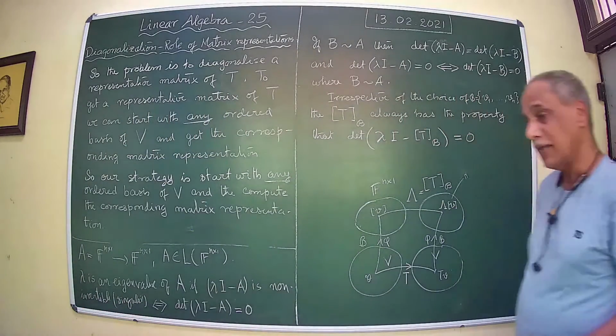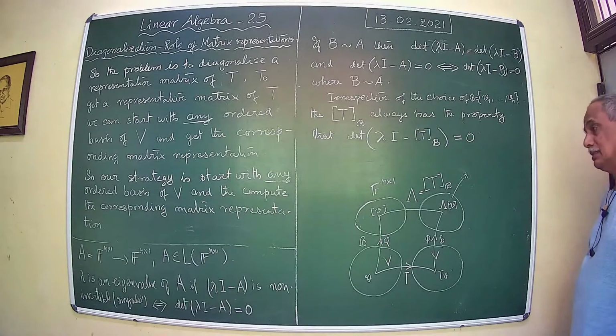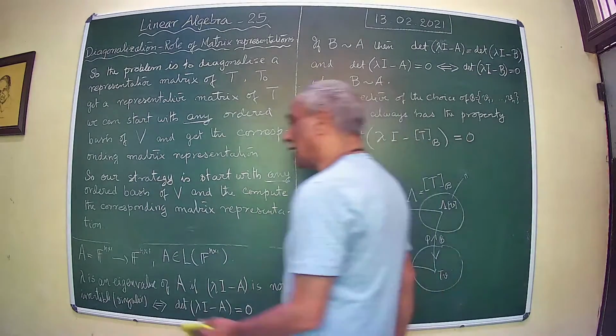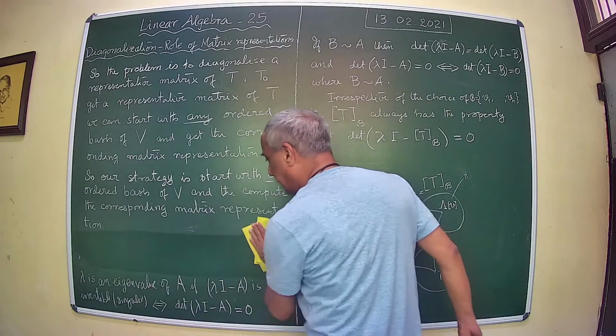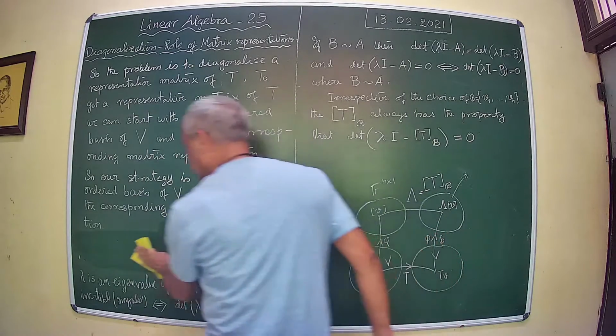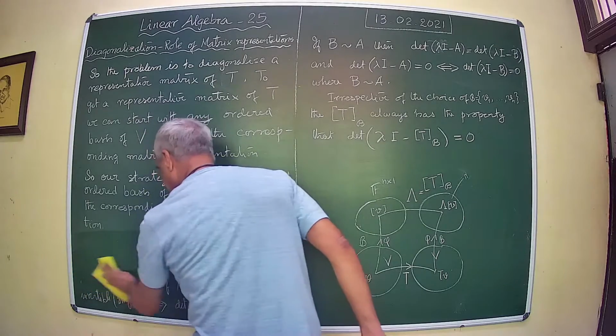Now the question that you ask is this: do you have a diagonal matrix which is equivalent to this representative matrix?